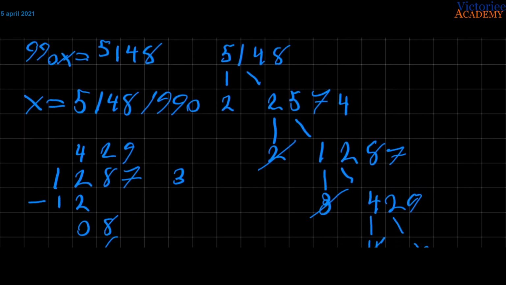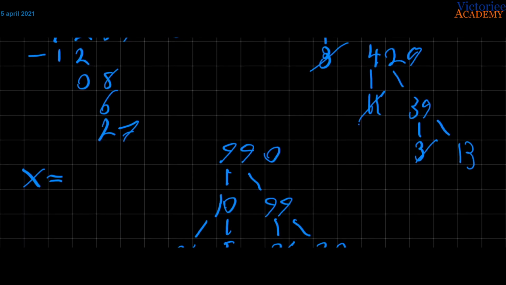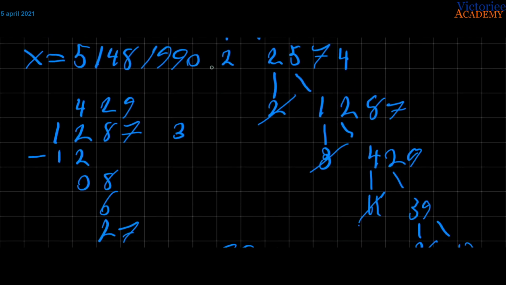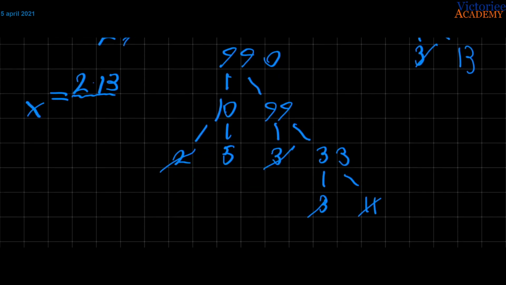So this must mean that x equals 2 times 13 over 5, which is 26 over 5.